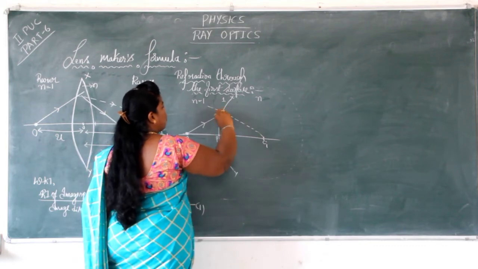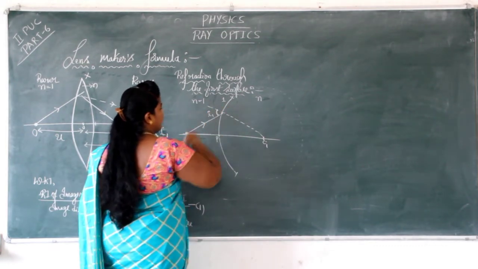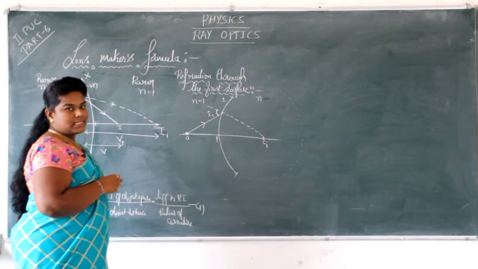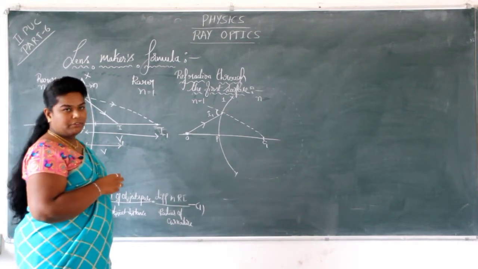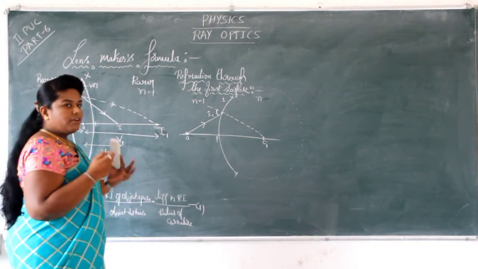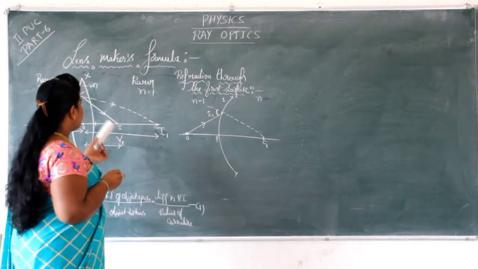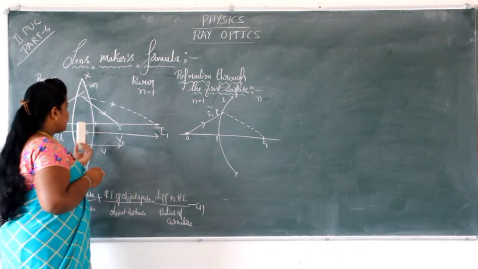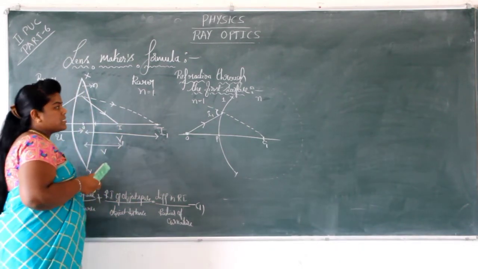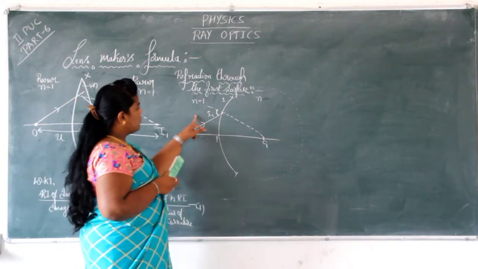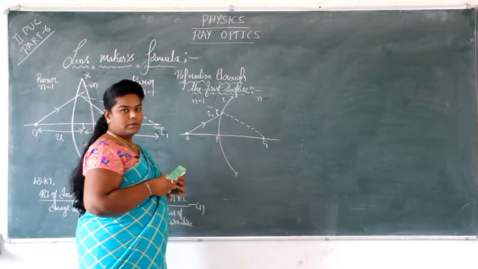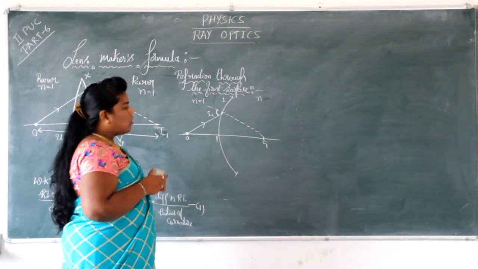Then the angle between the normal and the incident ray is considered as the angle of incidence, represented by i1. See, we are discussing only the first surface. Here there is no presence of the second surface. Now what happens? The ray of light is traveling from rarer to denser medium.